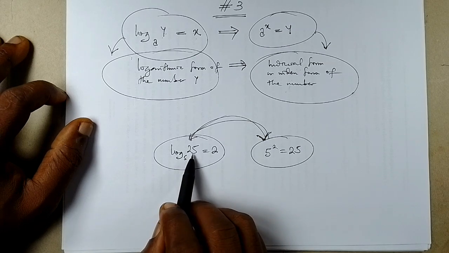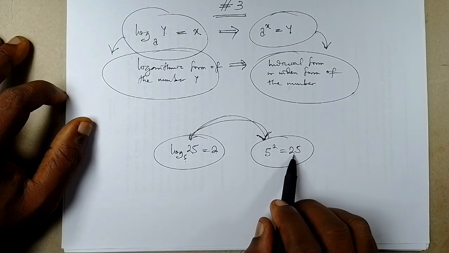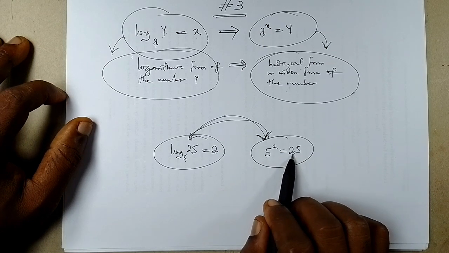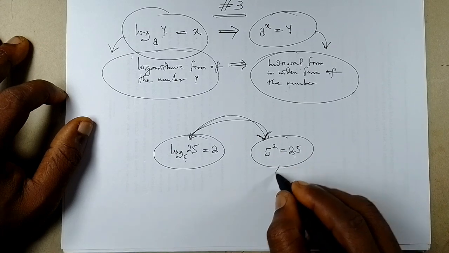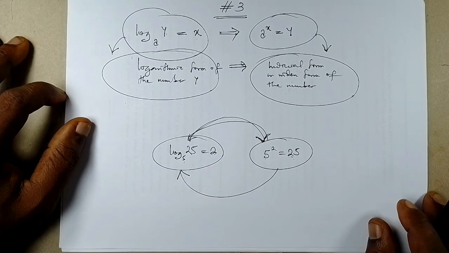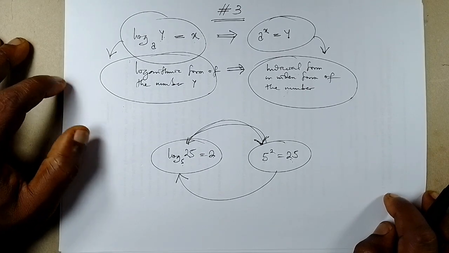So the logarithmic form of 25 in base 5 is 2, while the index form of 25 will be 5 raised to power 2. So I can move the other way by reversing the process. Okay, so converting from logarithmic forms to index form is very, very simple.